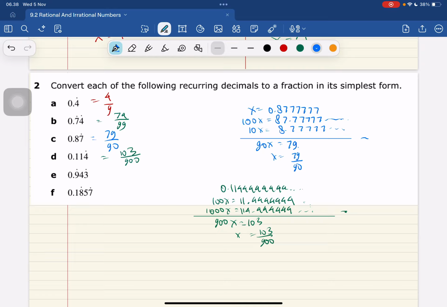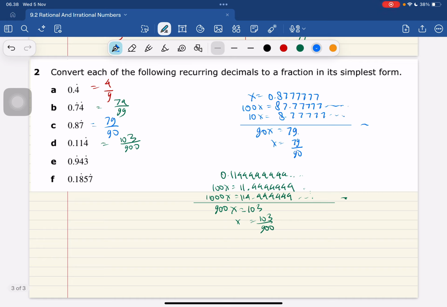Okay, next we got 9 and then 4, after 4, and then 3. So look at the dot. The dot is only here on the 9 and 3, in between 9 and 3. So we can write it here.